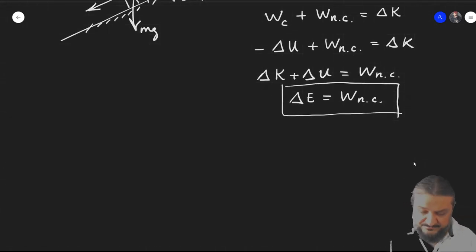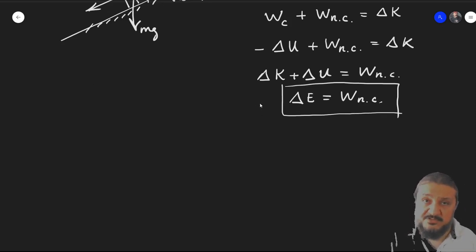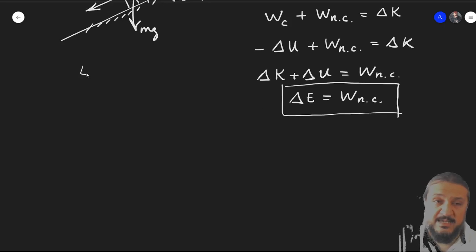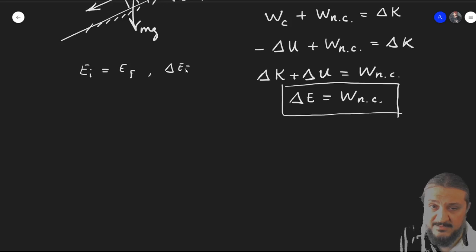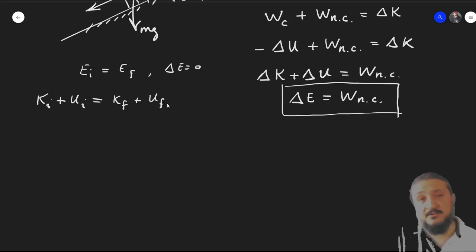So, summary. If there are no non-conservative forces present, if there's no friction in the problem, mechanical energy initial is equal to the mechanical energy final, or delta E equals 0, which means E is kinetic plus potential. So initial kinetic energy plus initial potential energy, gravitational potential or other kind of potential energies, is equal to Kf plus Uf.